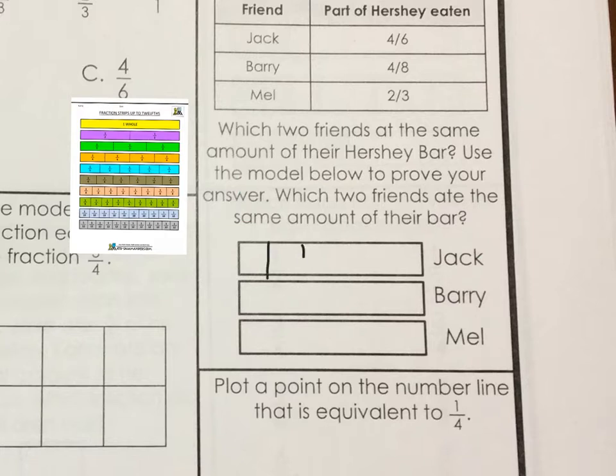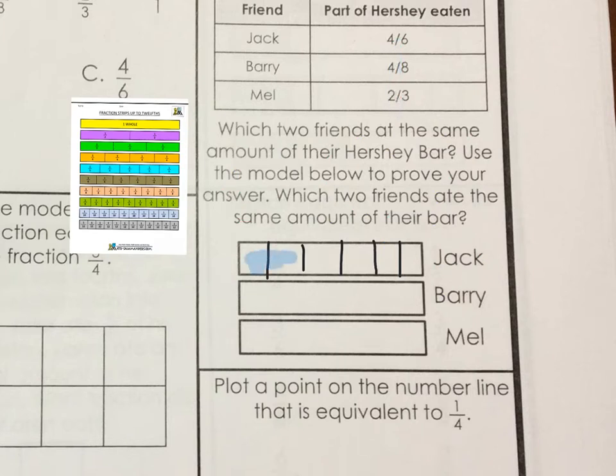Okay, let's try that again. 1, 2, 3, 4. Now let's try. Do I have 6? 1, 2, 3, 4, 5, 6. Perfect. Are they perfect? No, but they are close. So now I'm going to grab a highlighter. I'm going to grab blue because blue is my favorite color. And I'm going to color in 4.